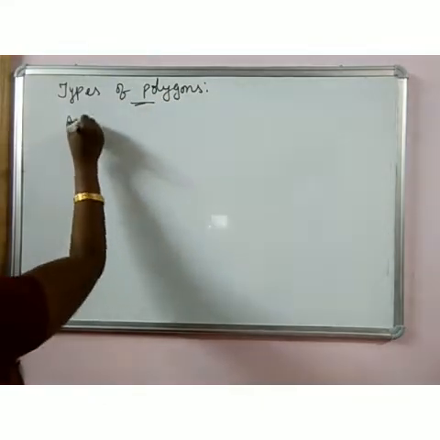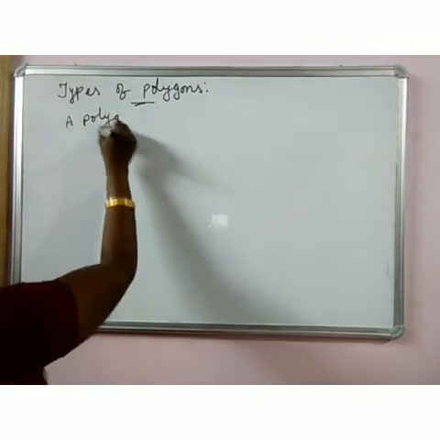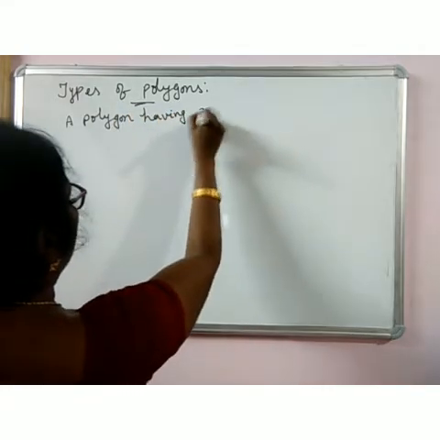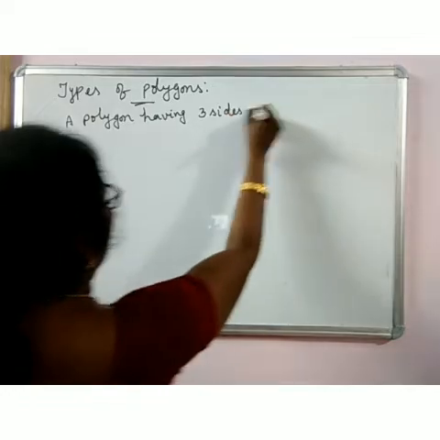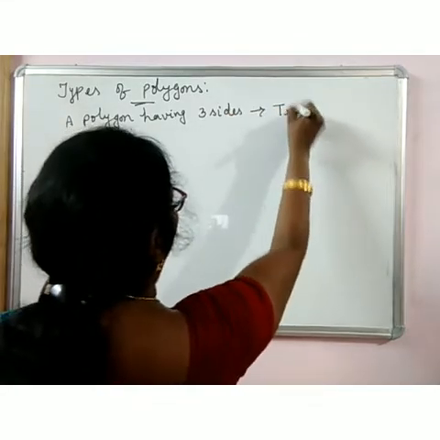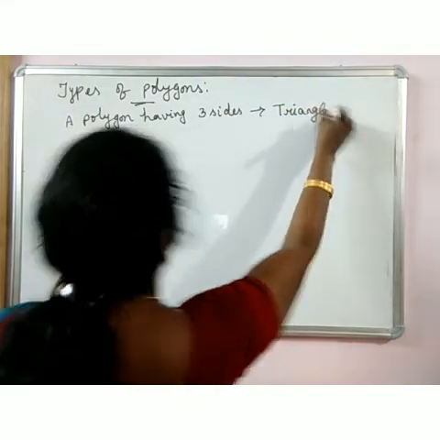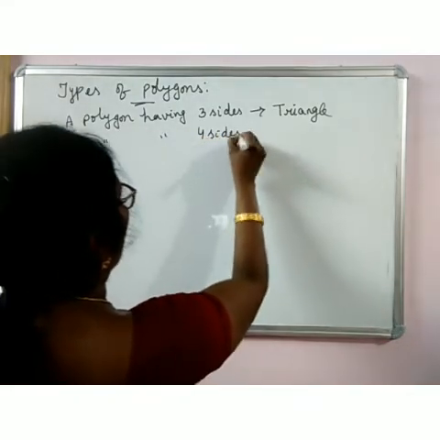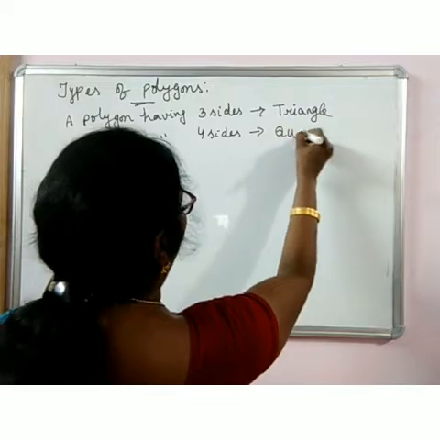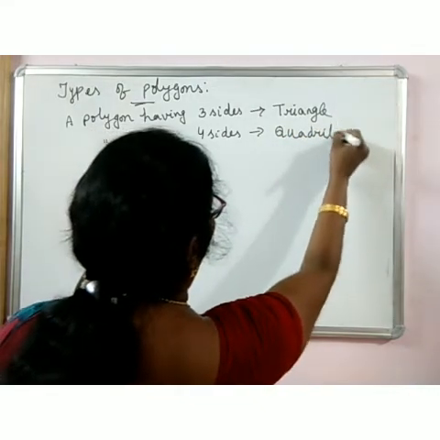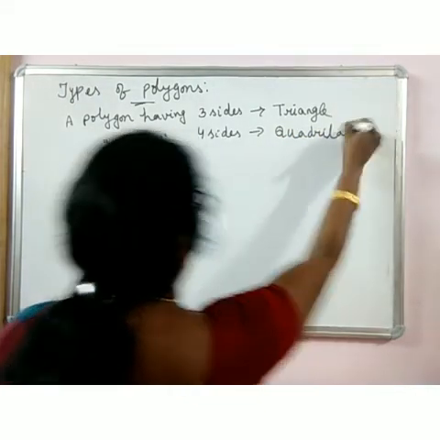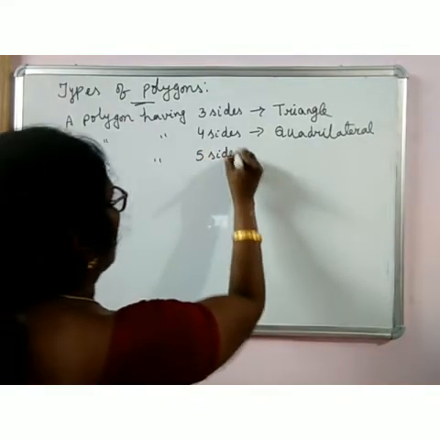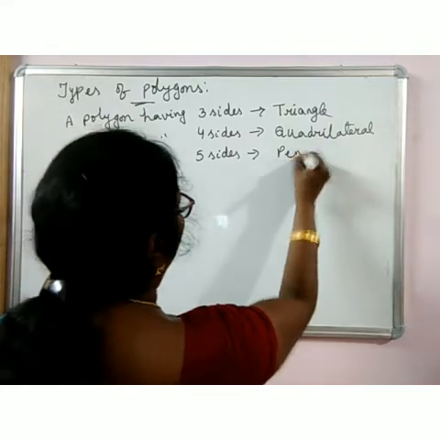A polygon having 3 sides is called a triangle. Similarly, a polygon having 4 sides is called a quadrilateral. Quadra means 4. Quadrilateral. A polygon having 5 sides is a pentagon.